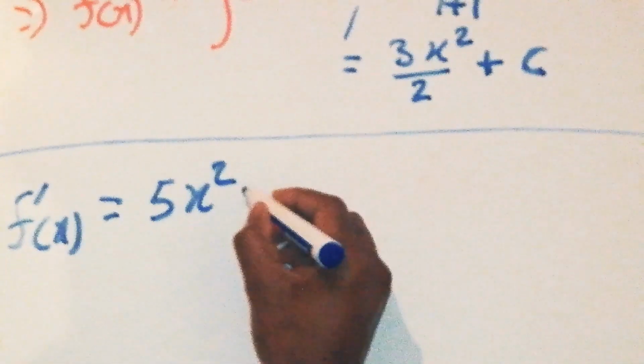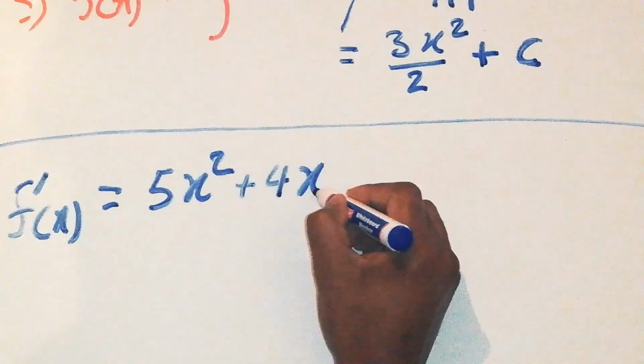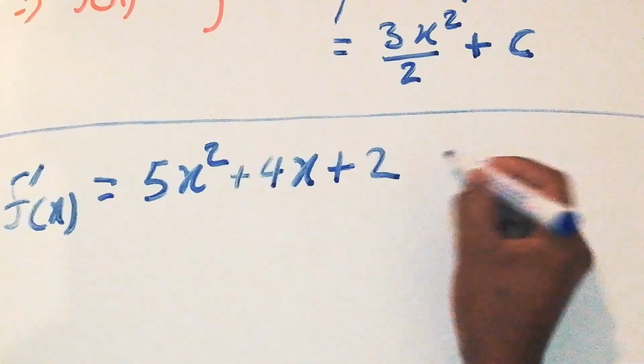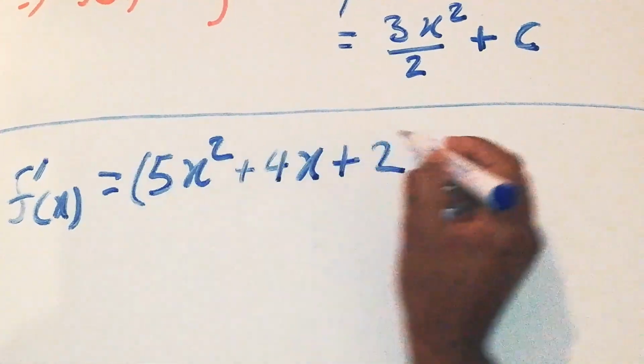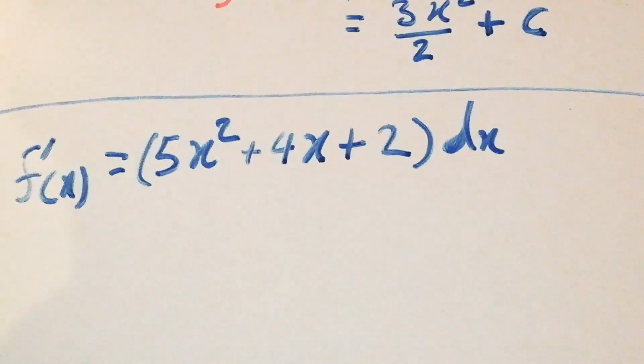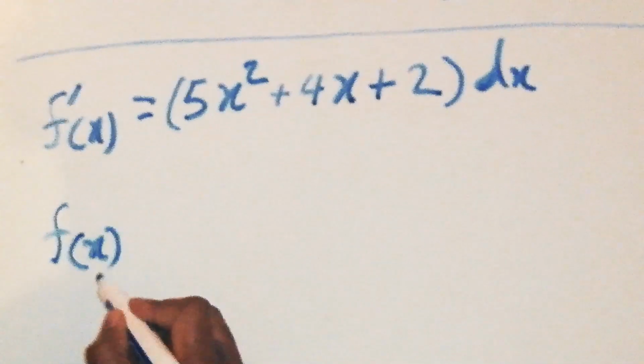5x squared plus 4x plus 2, everything here, dx. Now they want me to find the function of x.